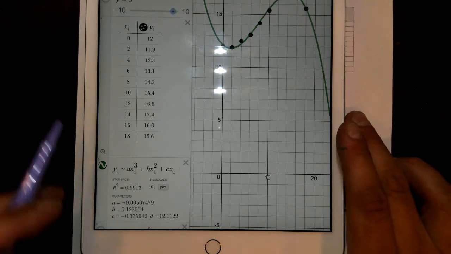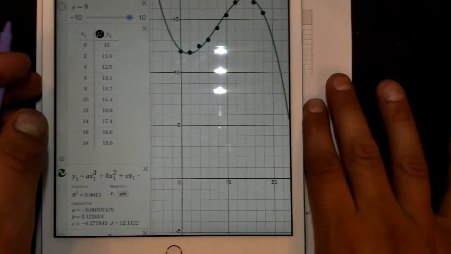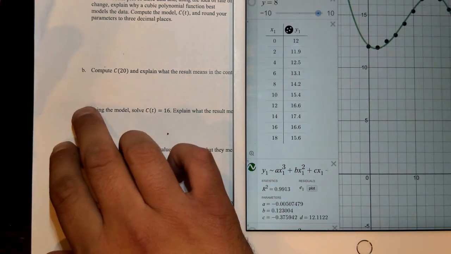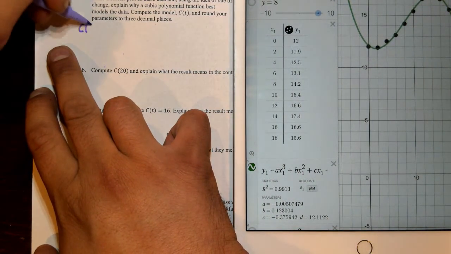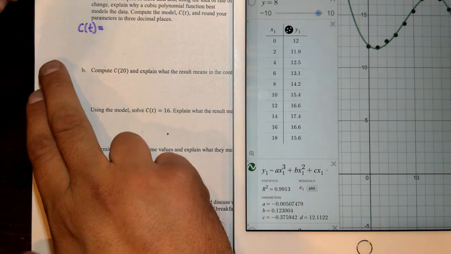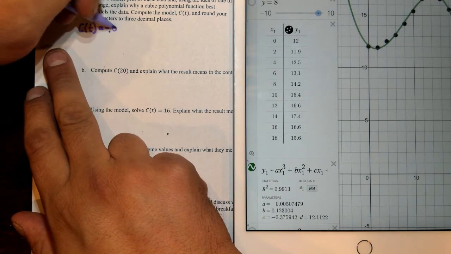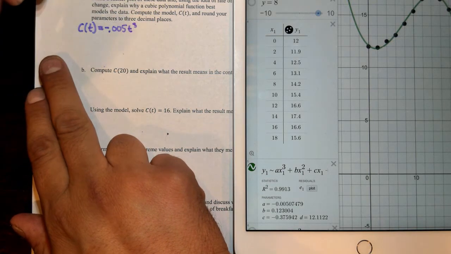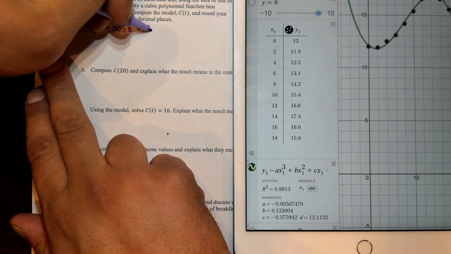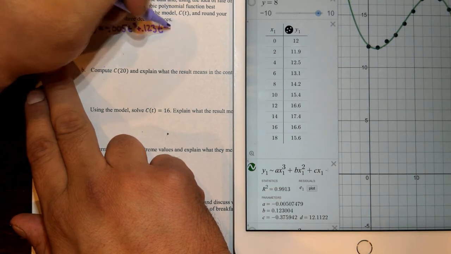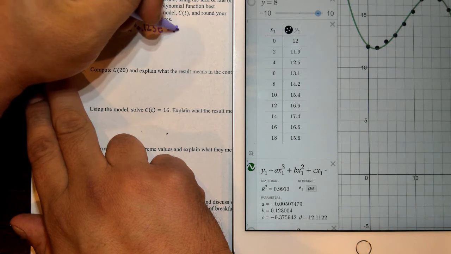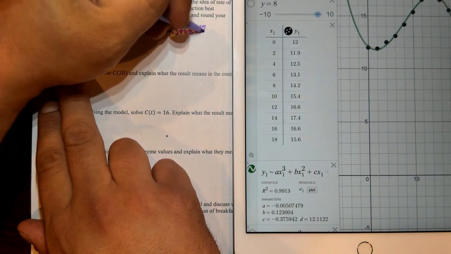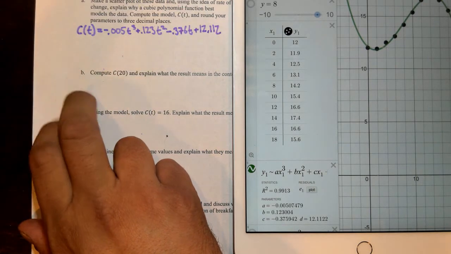So my function, it's a cubic, so I'm going to start with my t cubed term. C of t is the name of this function. So negative 0.005 t cubed plus 0.123 t squared minus 0.376 t plus 12.112.